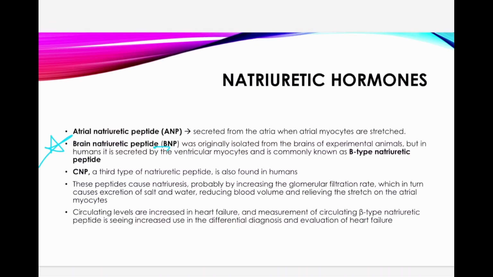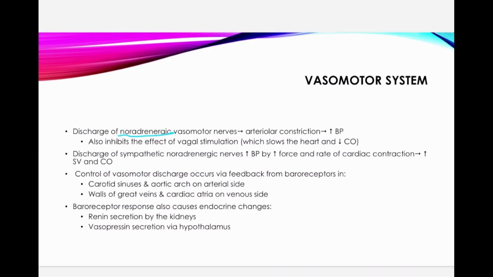Vasomotor system, discharge of noradrenergic. What type of nervous system is that? Adrenergic. Sympathetic. Okay, so if we're activating our sympathetic nervous system, arteriolar constriction, which leads to increased blood pressure. Makes sense. We need our cardiac output to go up to whatever we got to do.